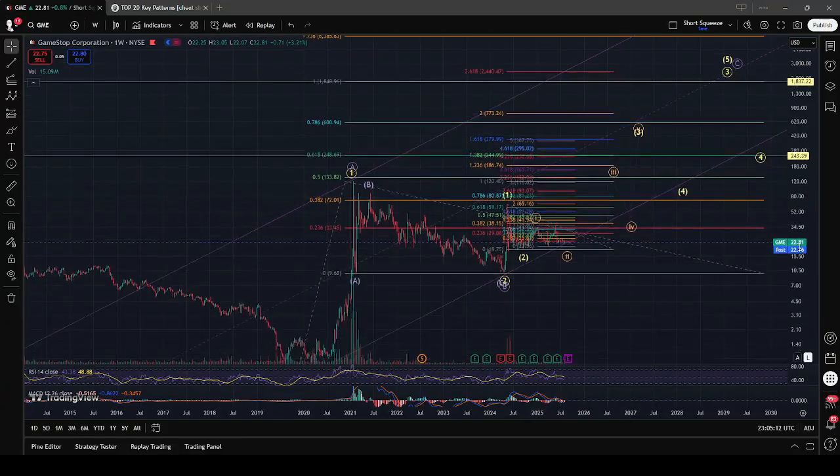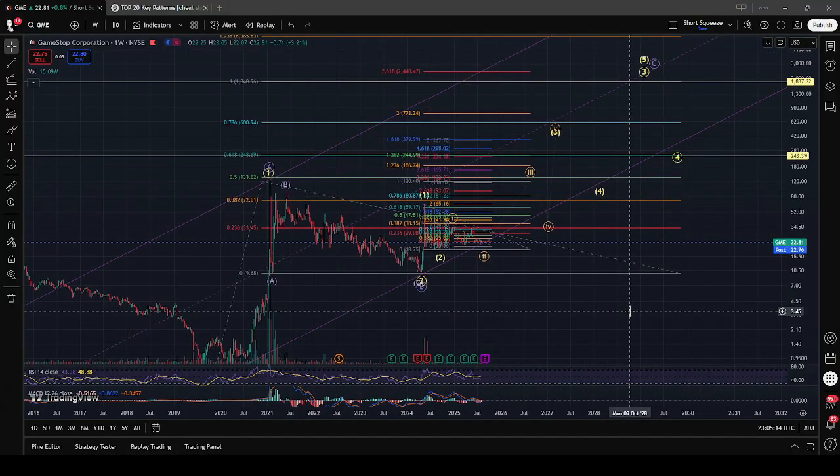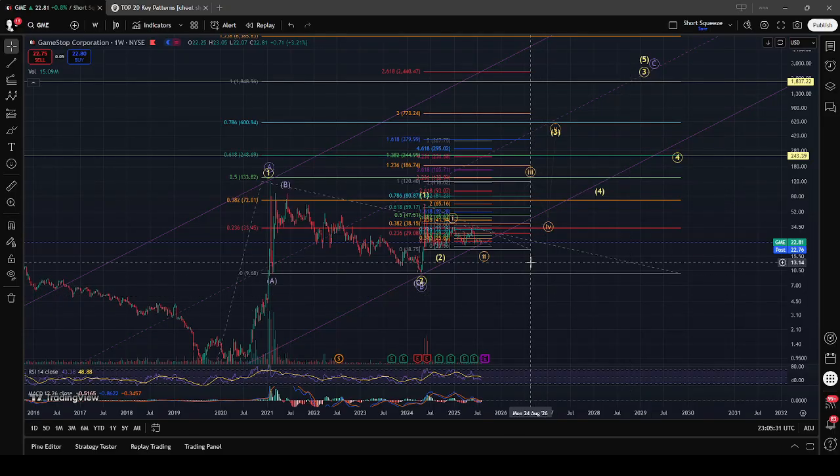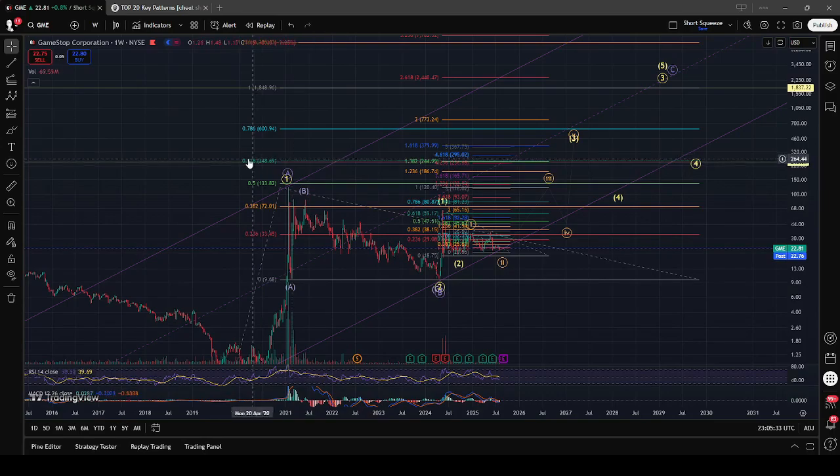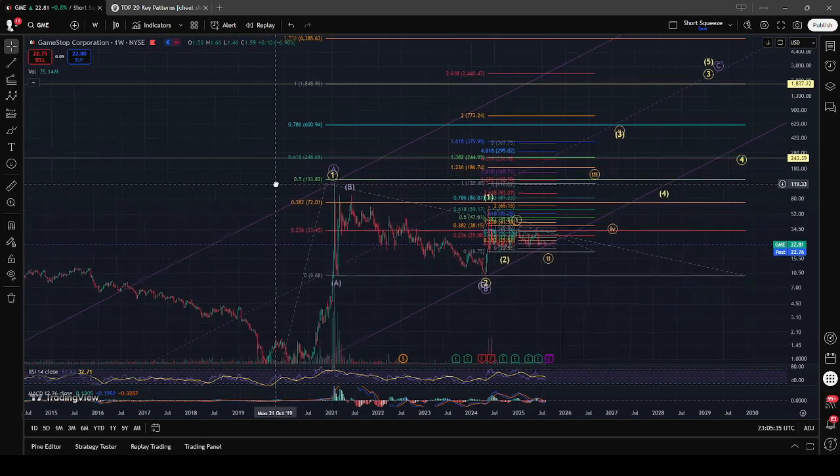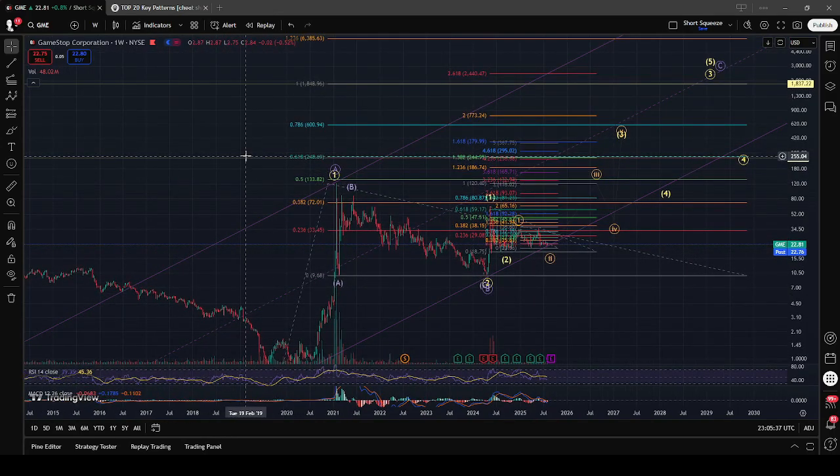Of course, personally, I've been holding this stock for a long time and know that the community behind it is just diamond handed, holders for life. I find it very hard to believe that it's only going to hit $248.